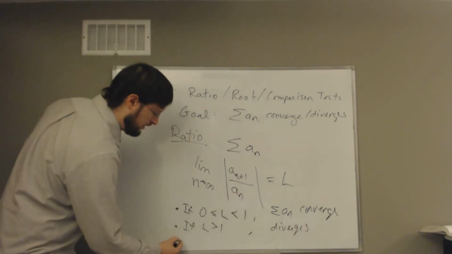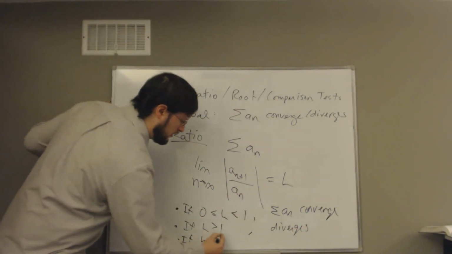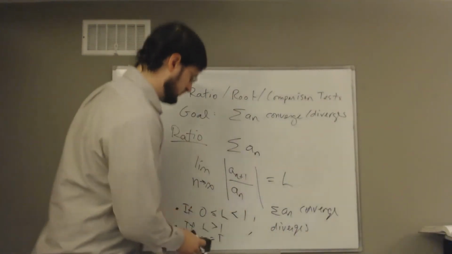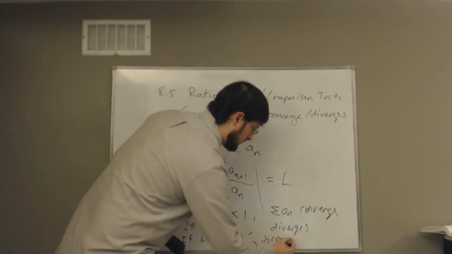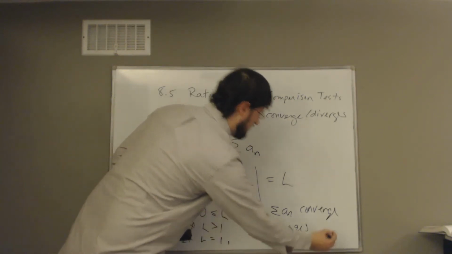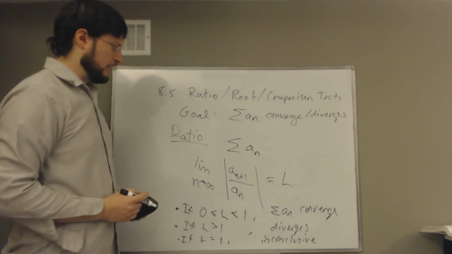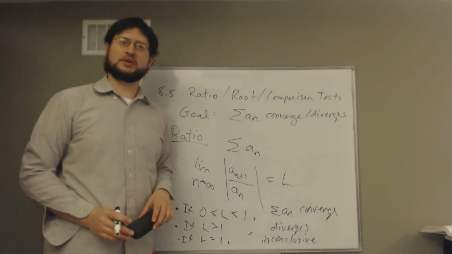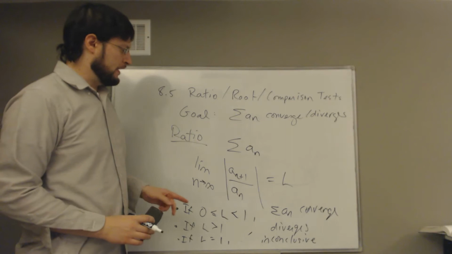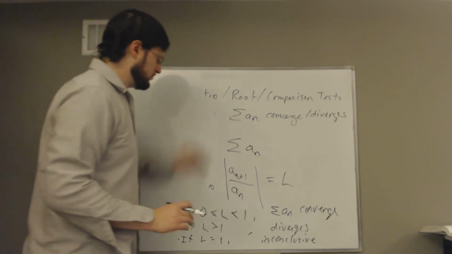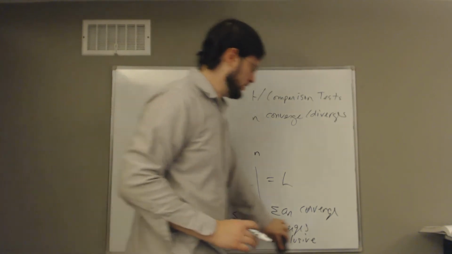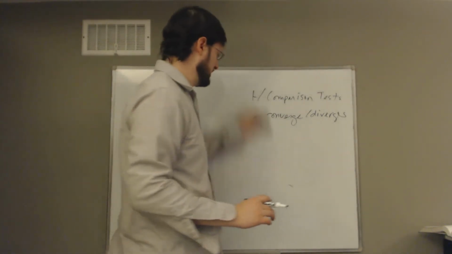And if the limit actually equals 1, it's inconclusive. And this is it for the ratio test. This is our procedure. It gets a little complicated in some situations, so let's just practice it with a few basic examples.